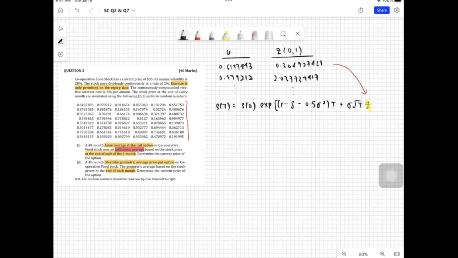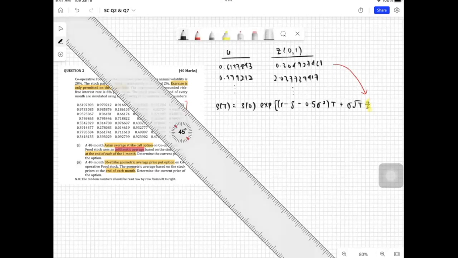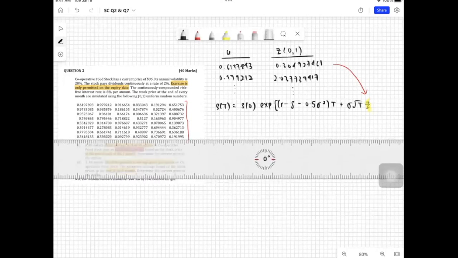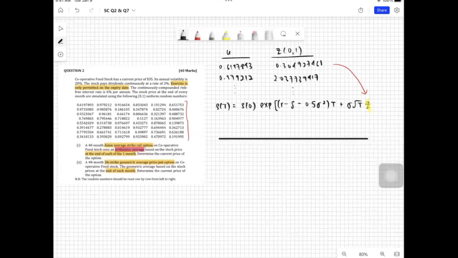So before that, we have to establish a concept where the stock price for each period is obtained from the stock price of the previous period. So basically, our timeline is 1/12, 2/12, all the way up to 48/12, which is 4 years.